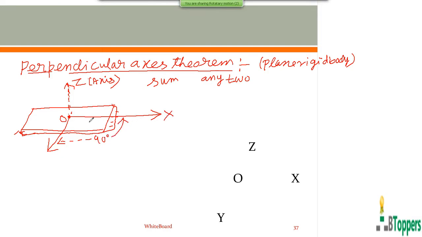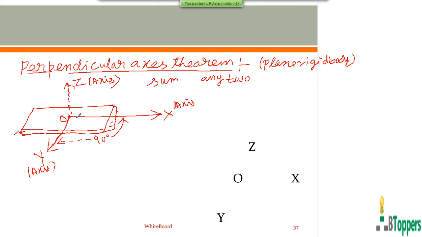That means the axis OX lies in the plane of the rigid body. The axis OY also lies in the plane of the rigid body.